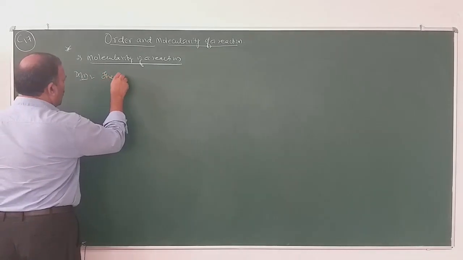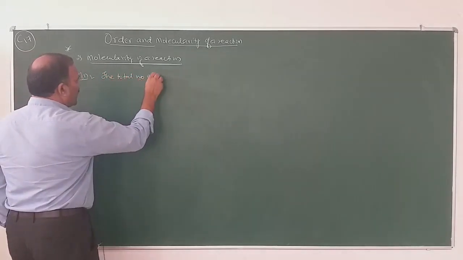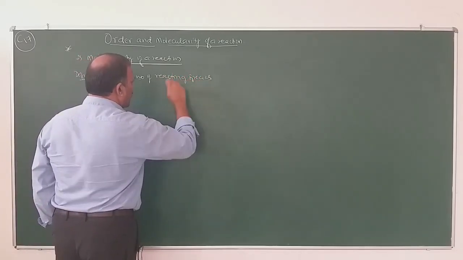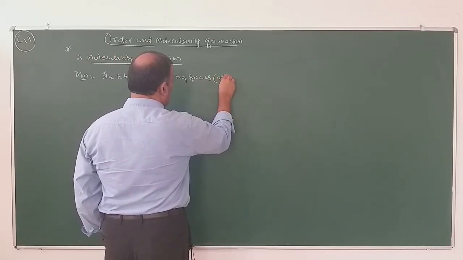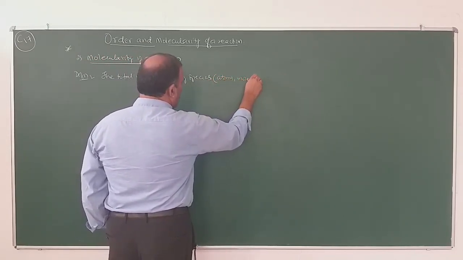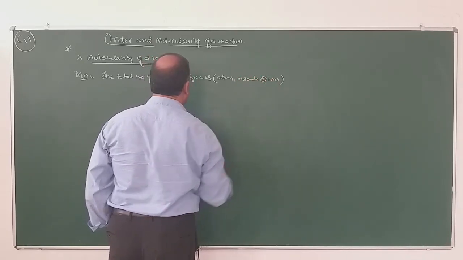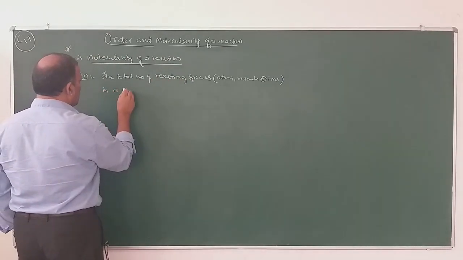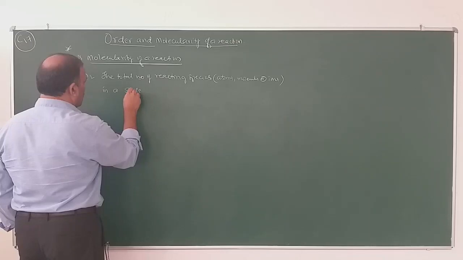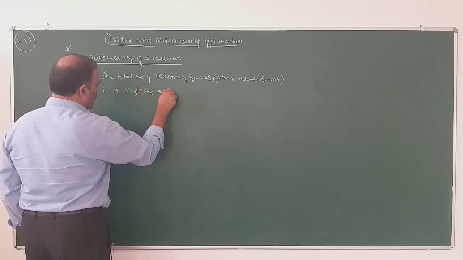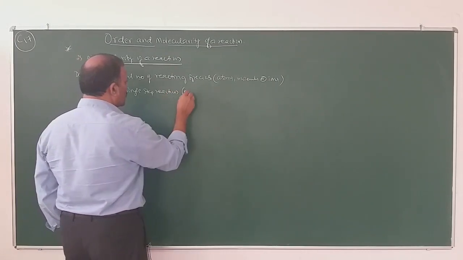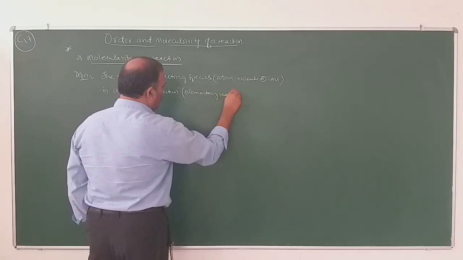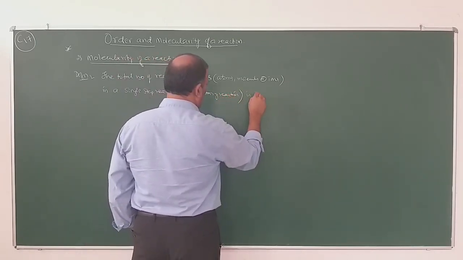The total number of reacting species, which may be atoms, molecules or ions in a single step reaction, is called molecularity. A single step reaction is also called an elementary reaction.